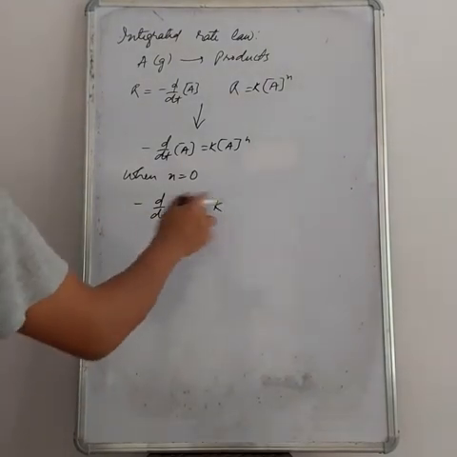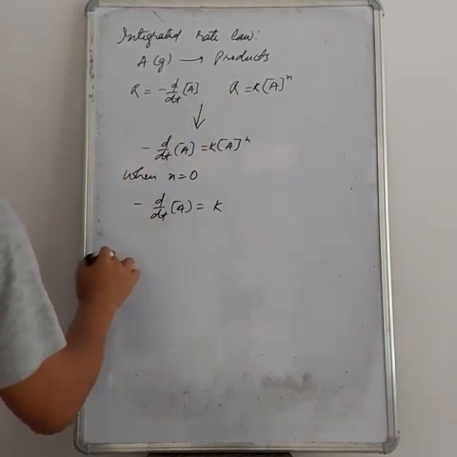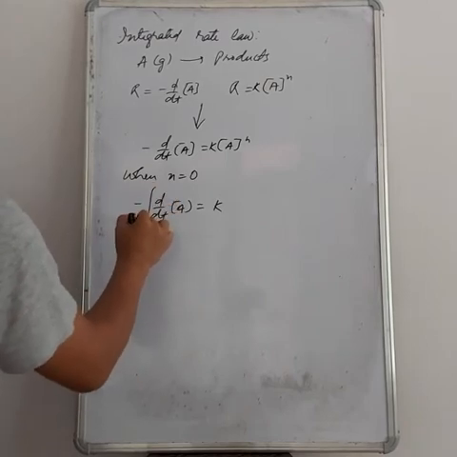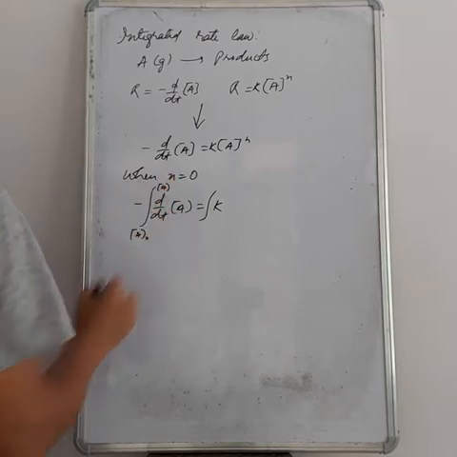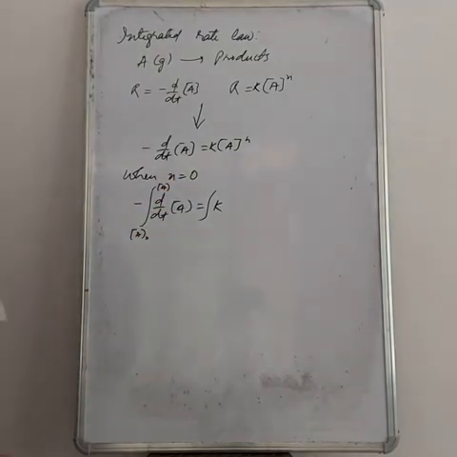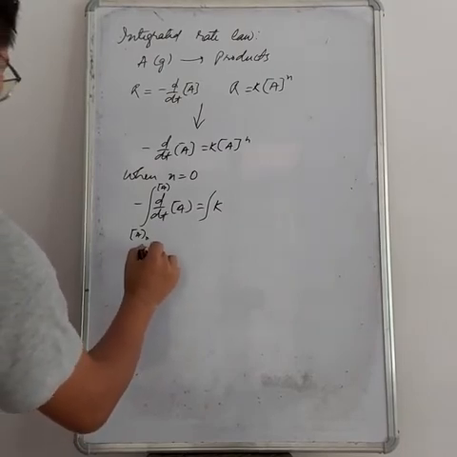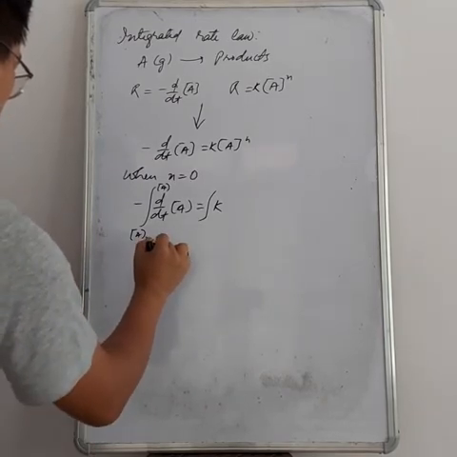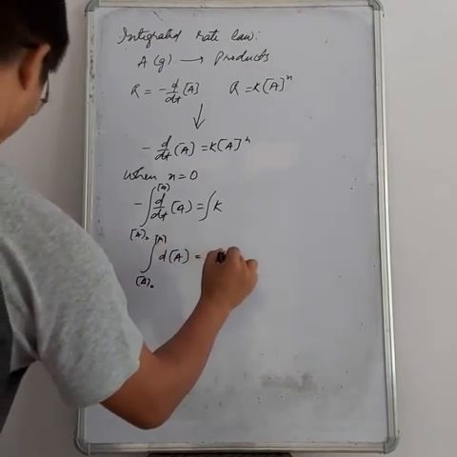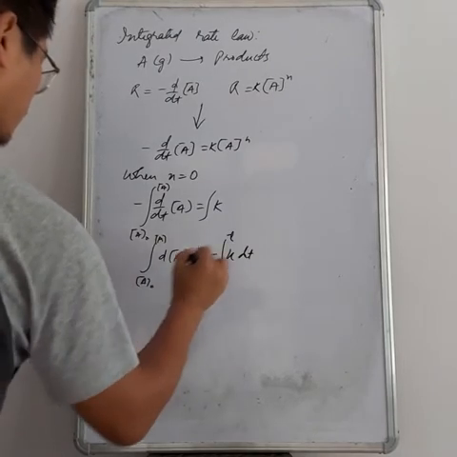So integrating both sides from the initial to the final concentration at time t, we integrate both sides from our initial concentration A naught to A. In the next step, integration of d[A] from A naught to A is equal to negative k dt, integration from 0 to time t.